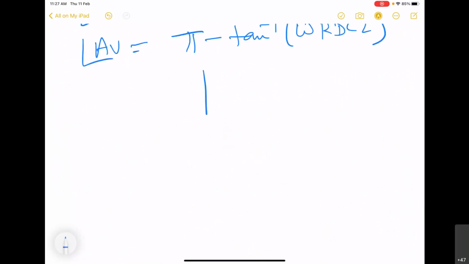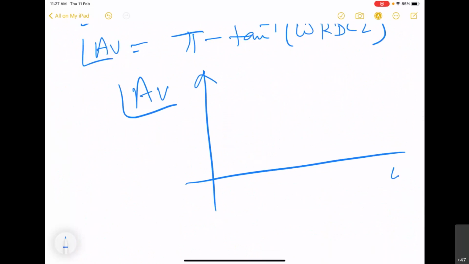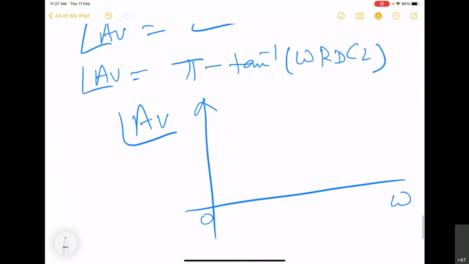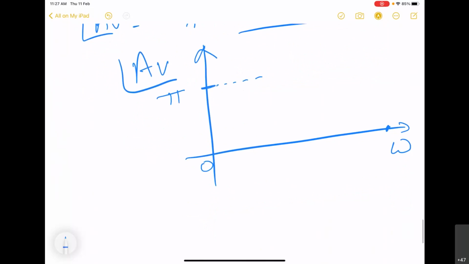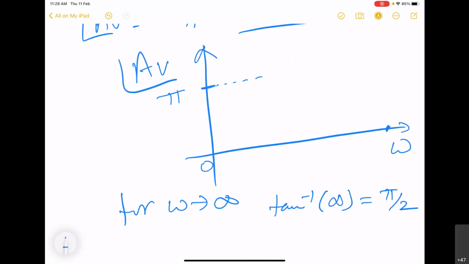So now we can do the phase plot also for the voltage gain. Here we see that when omega is 0, this second term is going to be 0, so the maximum phase possible is pi, 180 degrees. And for omega infinite, tan inverse infinity is going to be equal to pi by 2.